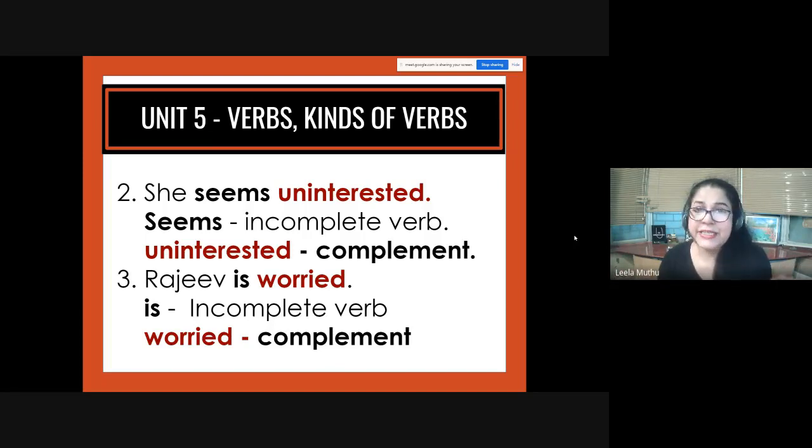So is is an incomplete verb. All helping verbs, is, am, are, all these are incomplete verbs. So worried is the complement that I add to he is or Rajiv is what? Worried. It is answering the question what, but not with a noun or a pronoun, but with a word that completes the sense, which becomes the complement in the sentence.